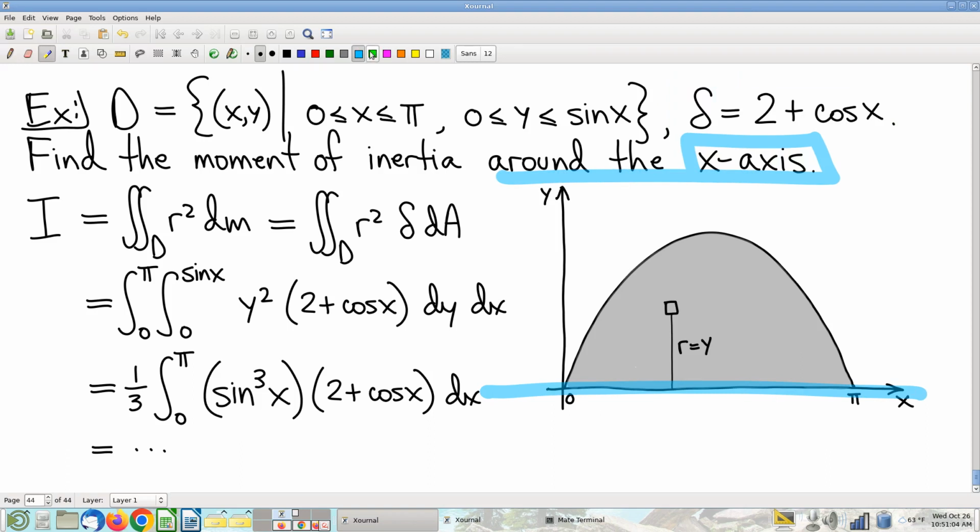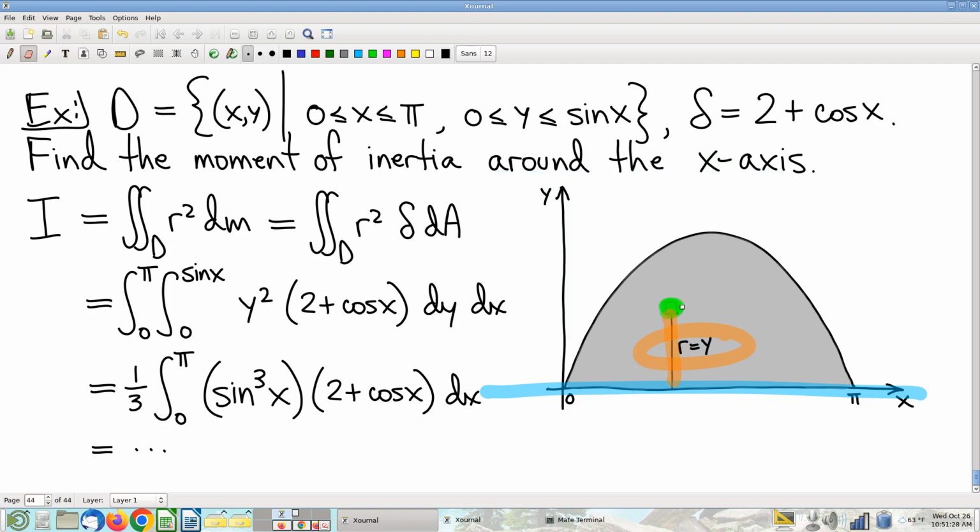So when I do my integral, and I'm looking at little pieces of my domain, what is the distance to the x-axis? The distance to the x-axis is that right there, which I think you can see from the geometry is just the y-coordinate of whatever that green point is. Is everybody happy?